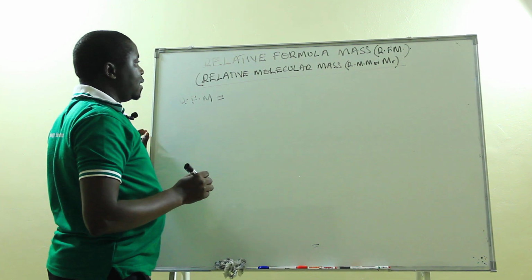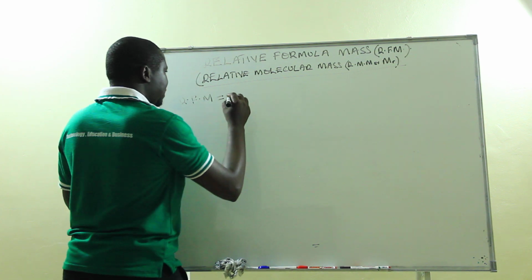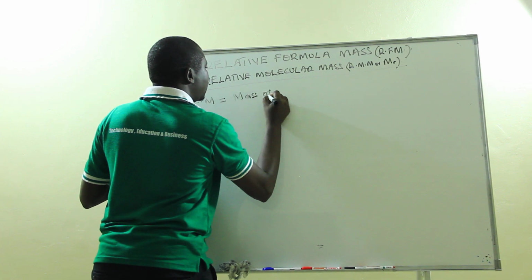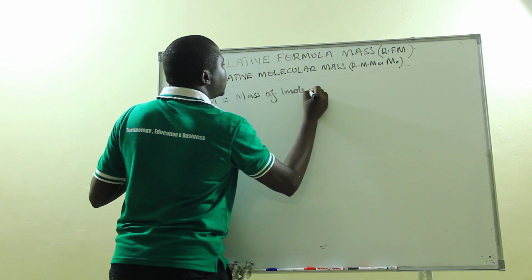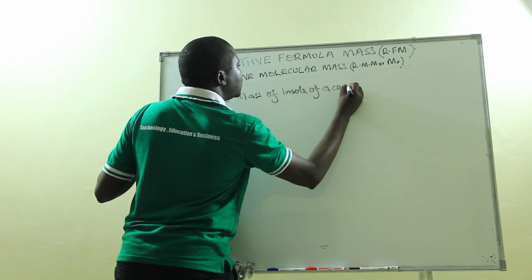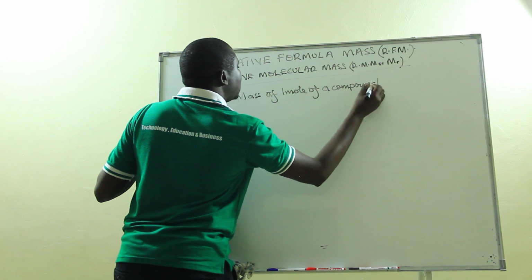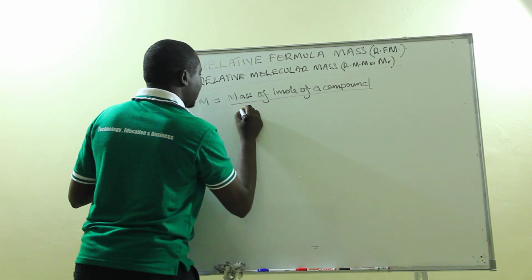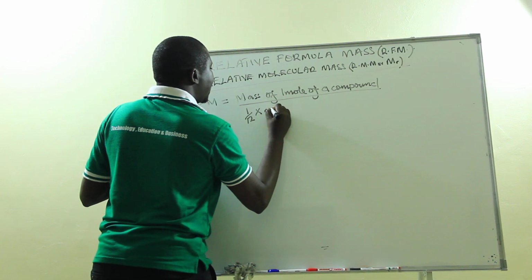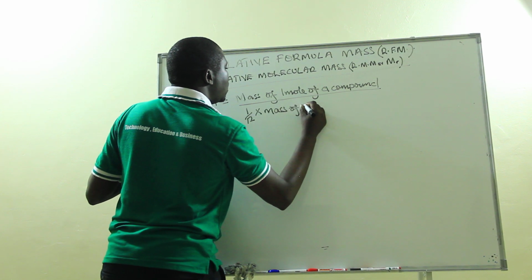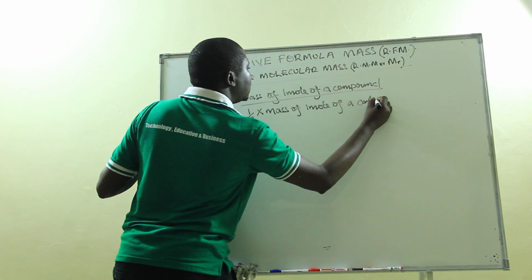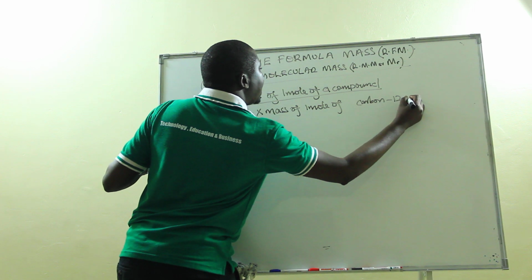In fact, the relative formula mass, in simple terms, is the mass of 1 mole, not of atom this time, of 1 mole of a compound, divided by 1/12 of the mass of 1 mole of carbon-12 atoms.